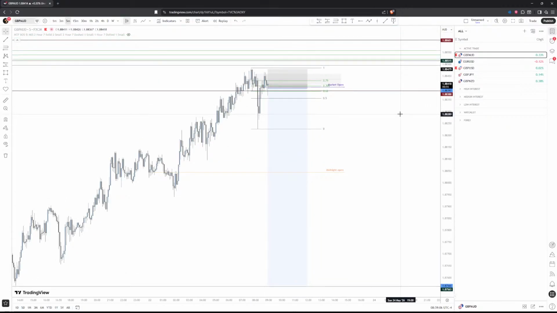The hour closes in like a minute, so let's see what the hourly looks like on multiple pairs, and then we can make a decision if we want to keep streaming or looking for entries. But right now, I'm not really seeing much.